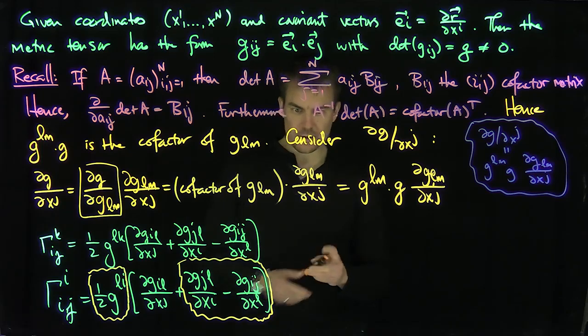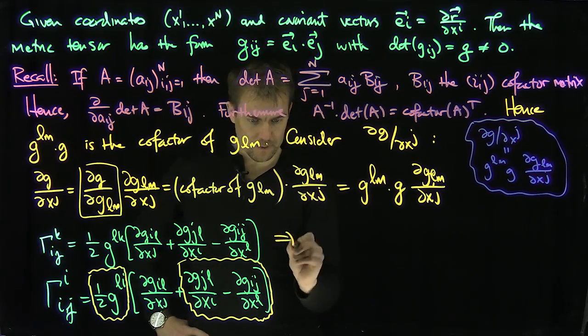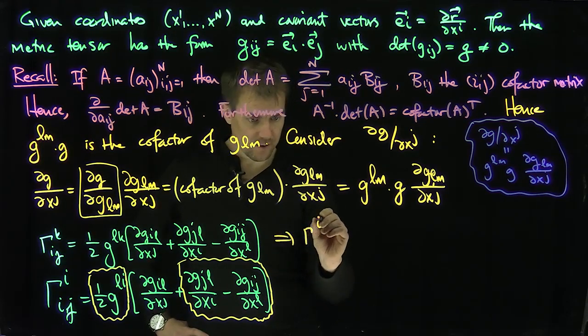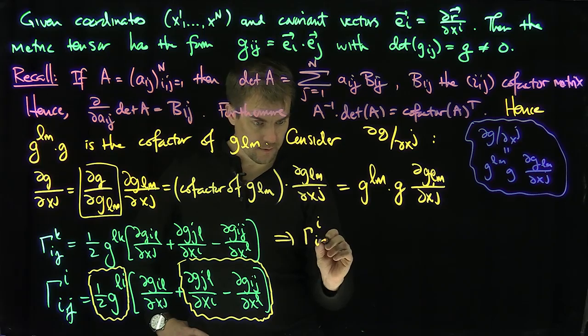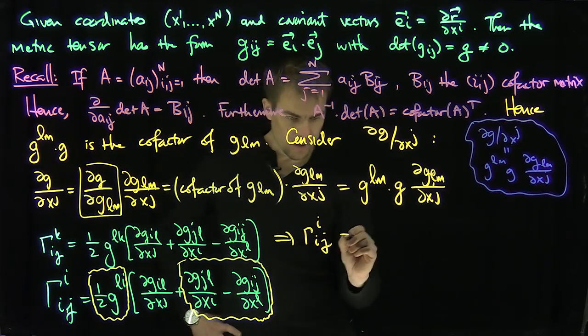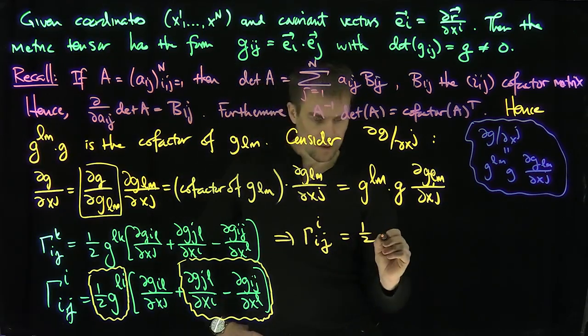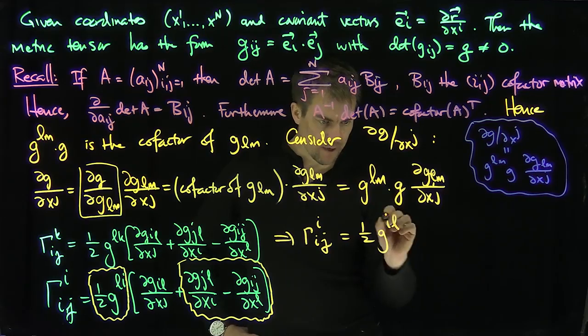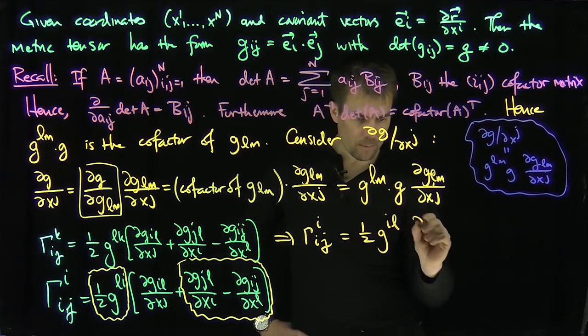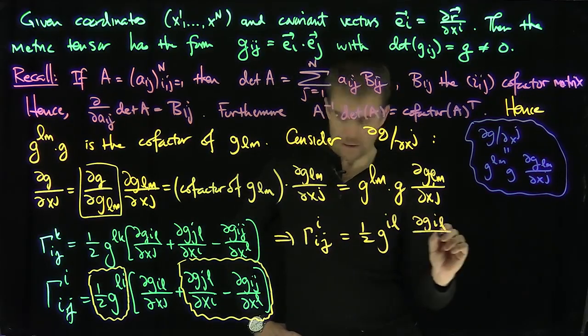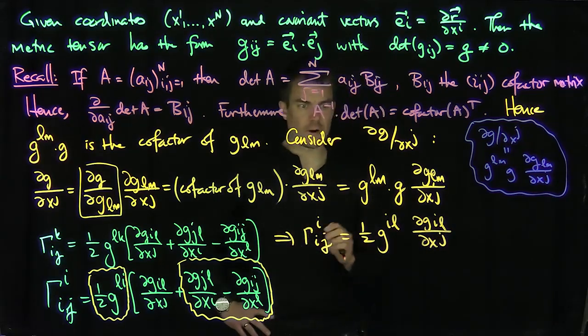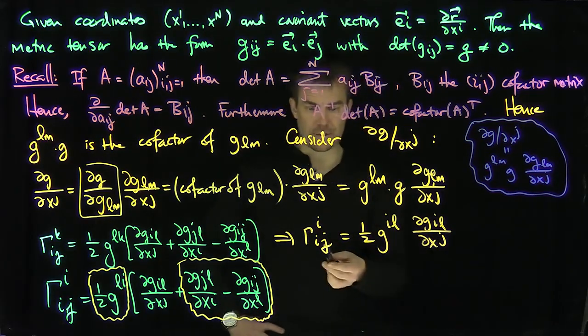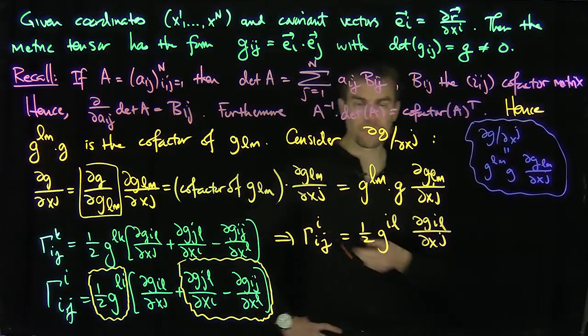And so that tells me that gamma, summing over i, ij is 1/2 g^il, and then partial g_il, partial x_j, summing over i and l. So in other words, the only free index here is j, everything else is being summed over.